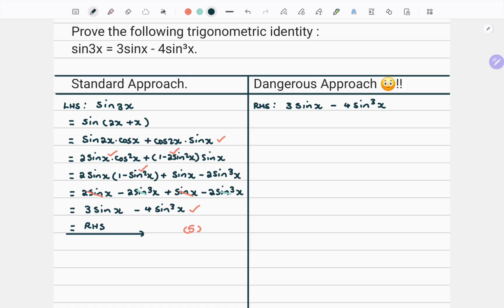Alright, so what do we do with this? Following our 3-step approach, we know that we can take sine x out as a highest common factor, and then we end up with 3 minus 4 sine squared x this time.